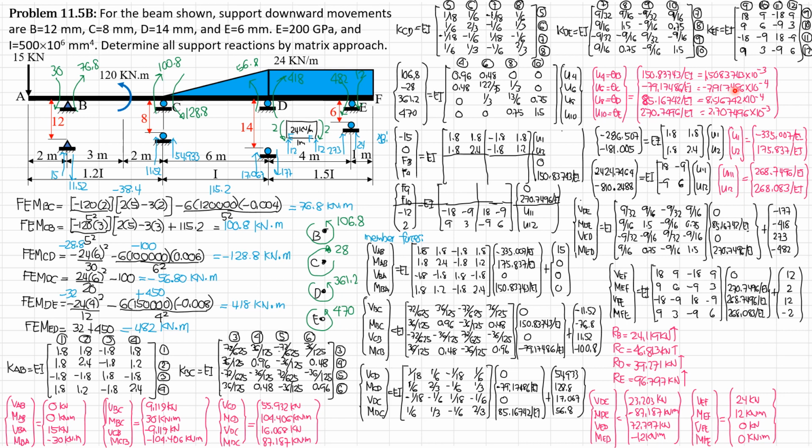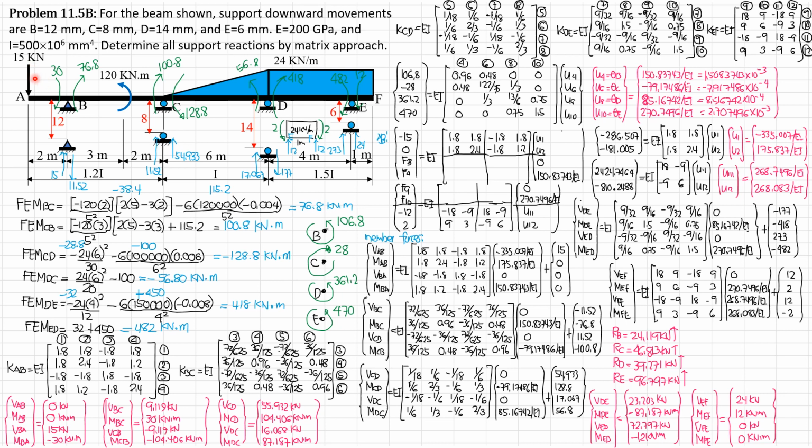Having found this, we can now compute the member forces. Before that, let's solve for the displacements at A and at F. Considering AB, imagine that A is fixed and B is fixed.